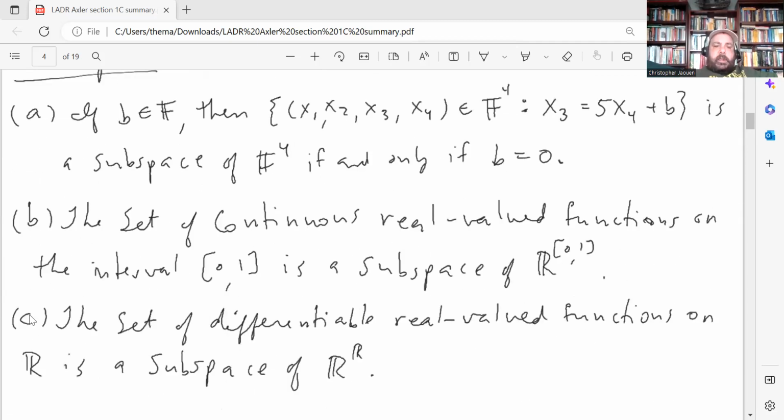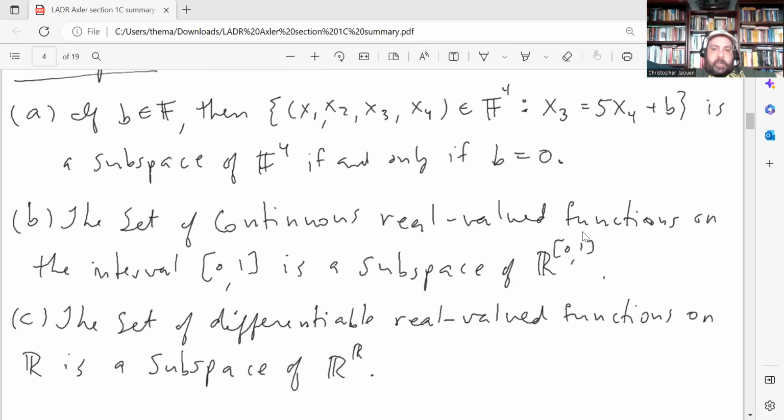Part B says the set of continuous real valued functions on the interval from 0 to 1, including the endpoints of the closed interval, is a subspace of R to the [0,1]. I don't know how to say it, but the space of continuous real valued functions from [0,1] to the real numbers.